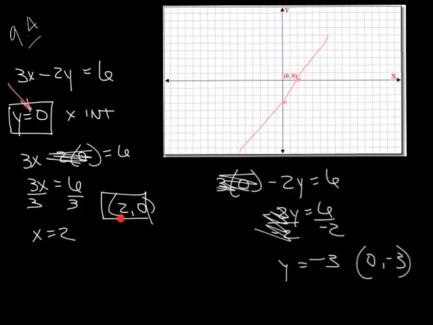When we write 2, 0 like that, that is the ordered pair of where it crosses the x-axis, but this is not the x-intercept. The x-intercept is just one number, and it's the 2 because we assume that the y value, the second number, is going to be 0, so we don't even write it. So the x-intercept is just one number, and the y-intercept is just one number. And that's what your x and y intercepts are.